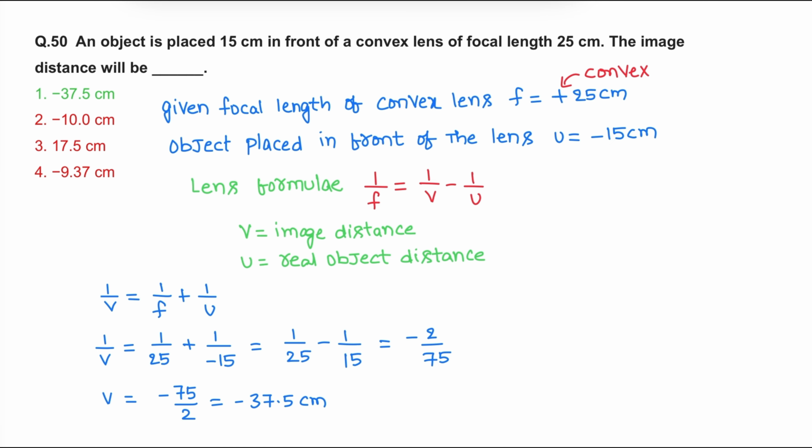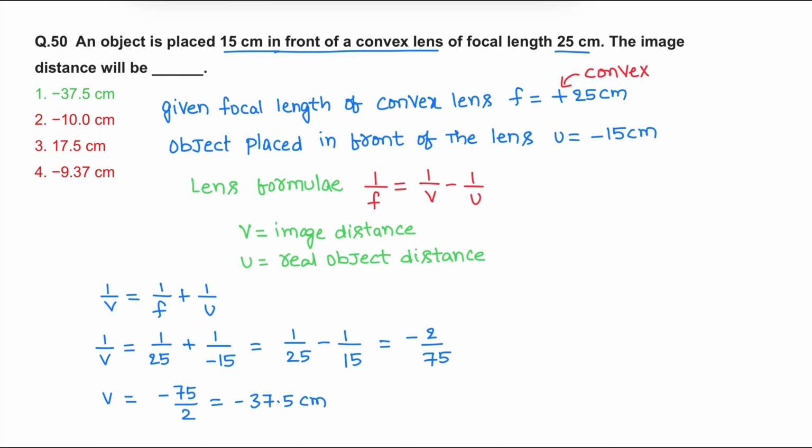Question number 50. An object is placed 15 centimeters in front of a convex lens having a focal length of 25 centimeters. The image distance is? Given focal length of convex lens f is plus 25, because for convex lens focal length is positive. Object placed in front of the lens, u is equal to minus 15 centimeters. Lens formula is 1 by f is equal to 1 by v minus 1 by u, where v is image distance and u is object distance.